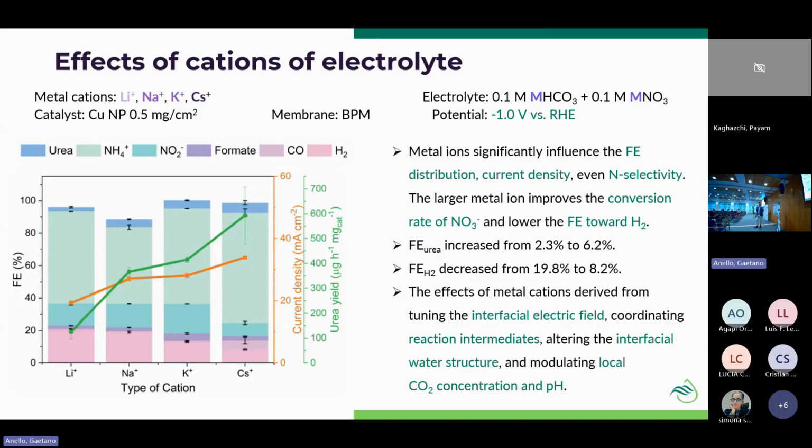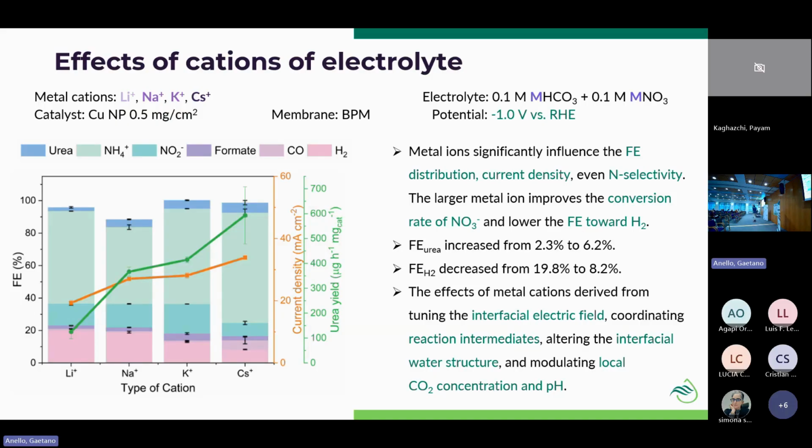And of course, what is known from CO2 electroreduction is that these cations can have an effect on the interfacial pH. They can have an effect on the interfacial water structure near the catalyst, and they can also stabilize charged reaction intermediates on the surface.